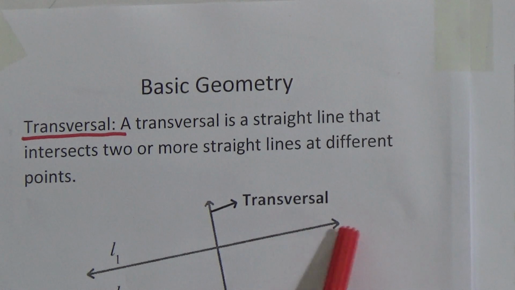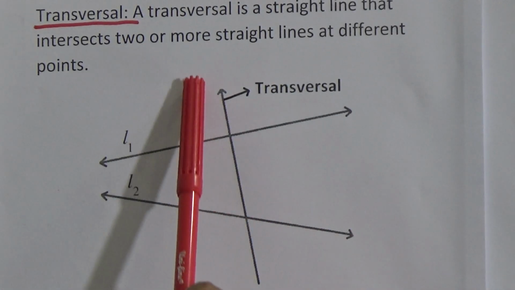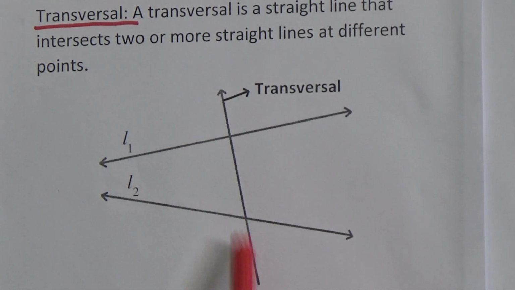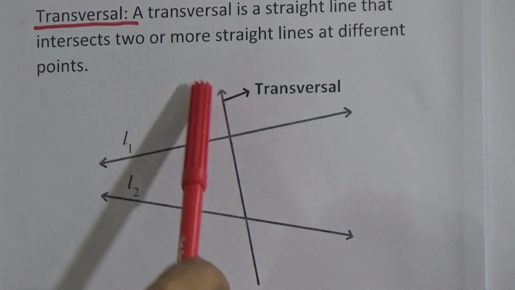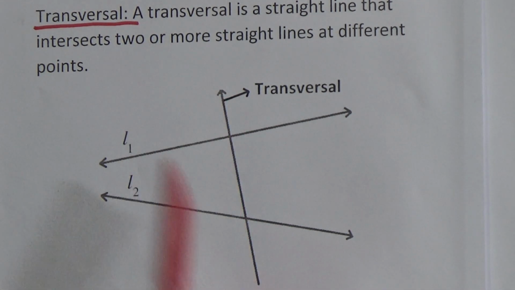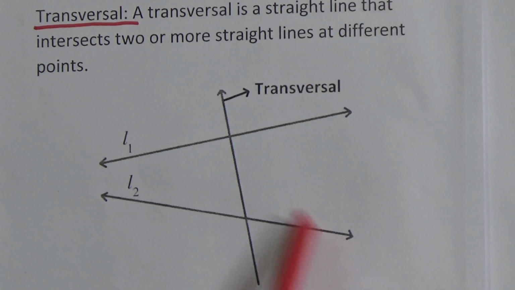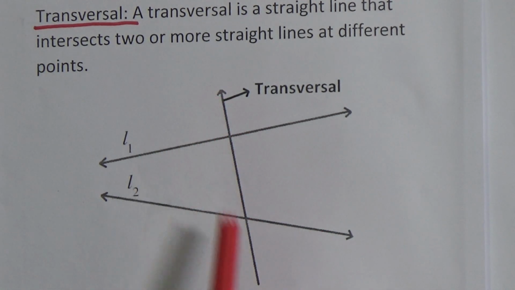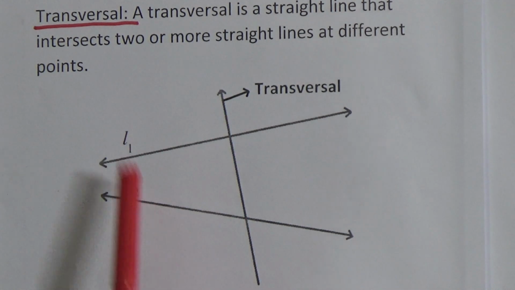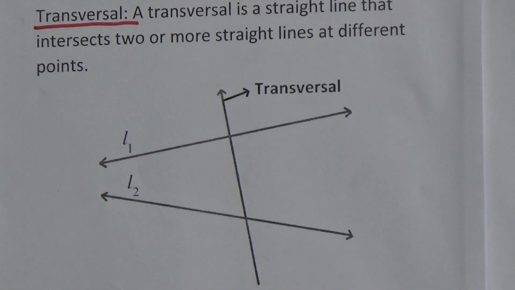Here L1 is a straight line, L2 is a straight line in the figure, and another straight line intersects both L1 and L2. So the straight line which intersects L1 and L2 at two different points is known as the transversal of these two straight lines.